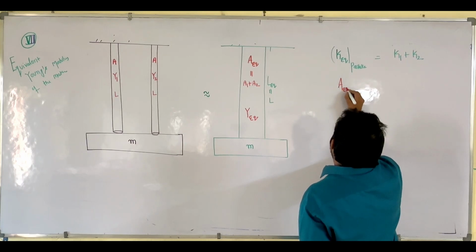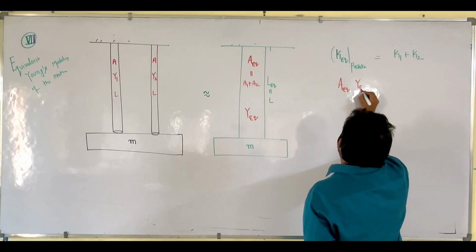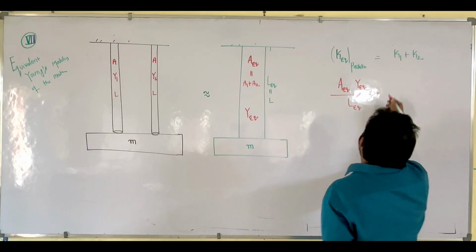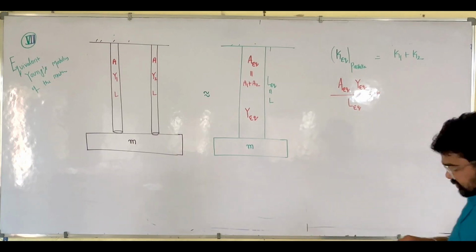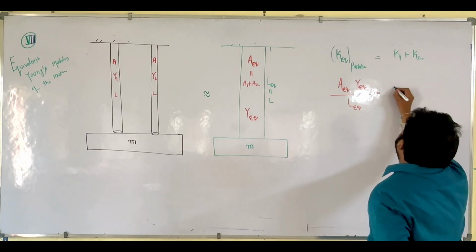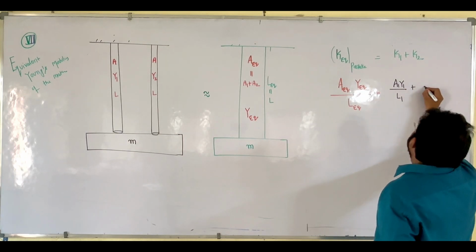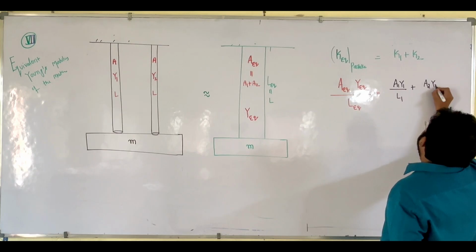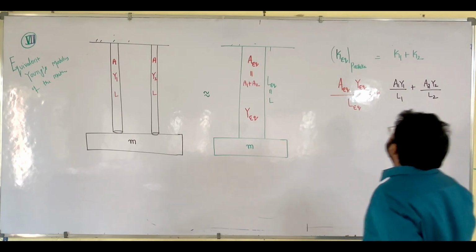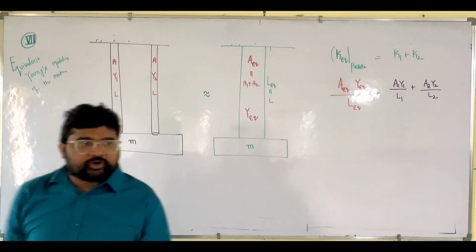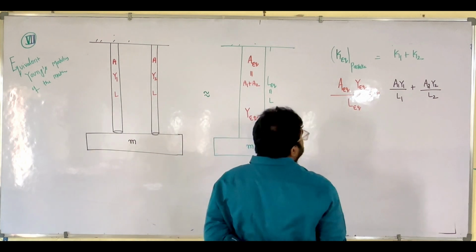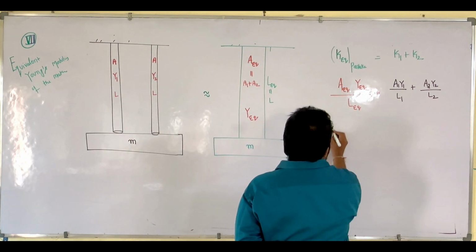So now tell me, this is how much? A equivalent into Y equivalent by L equivalent equals how much? A1 Y1 by L1 plus A2 Y2 by L2. What is A equivalent?